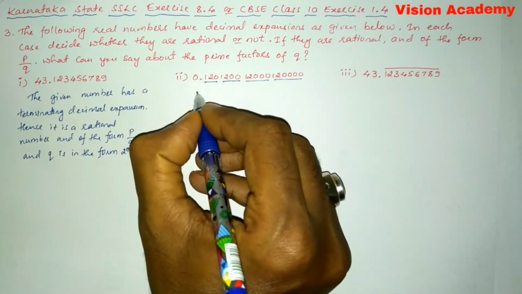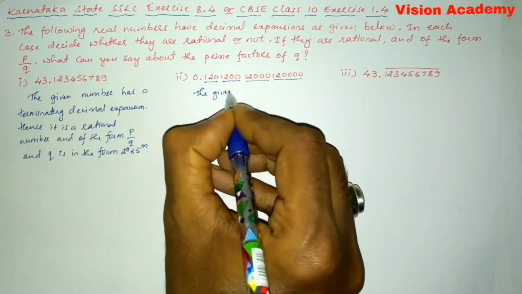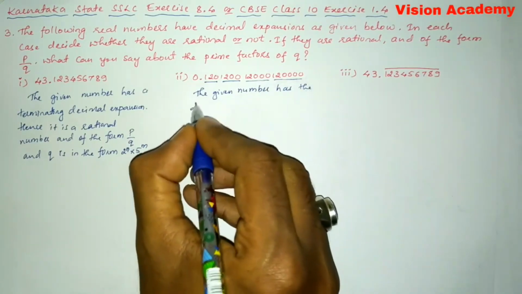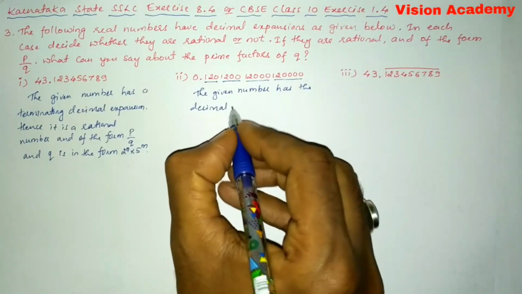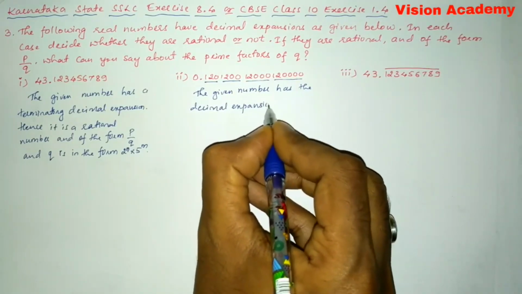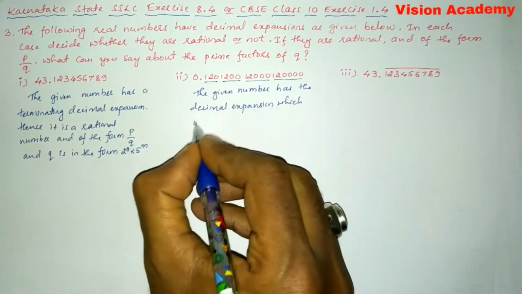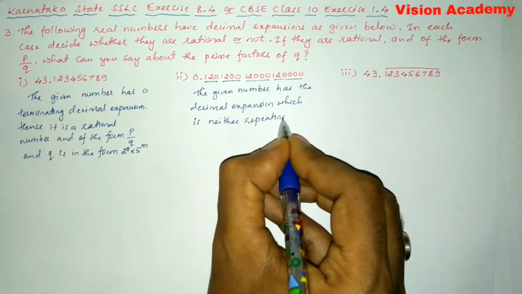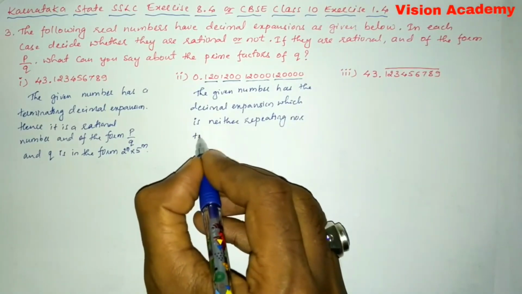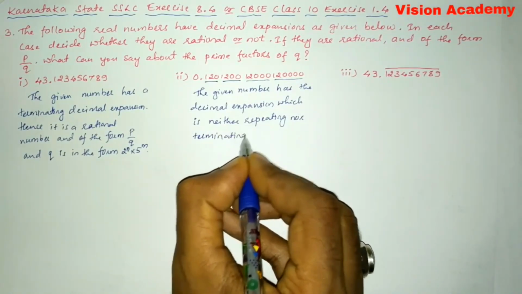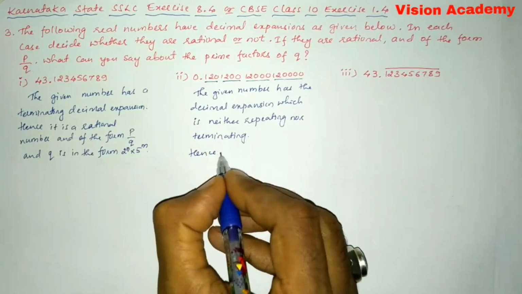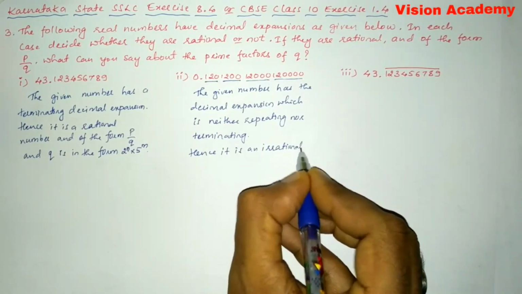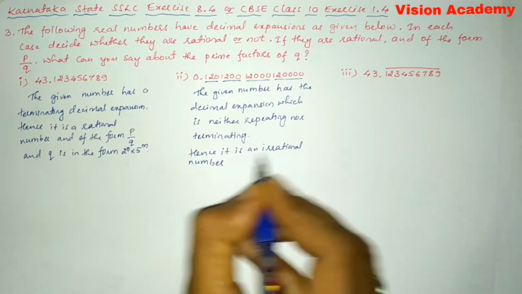So here the given number has the decimal expansion which is neither repeating nor terminating. Hence, it is an irrational number.